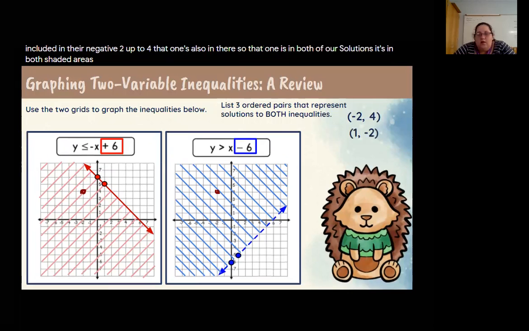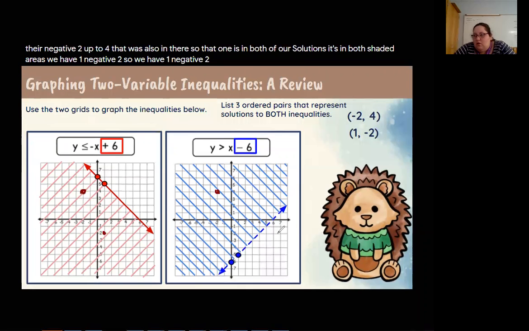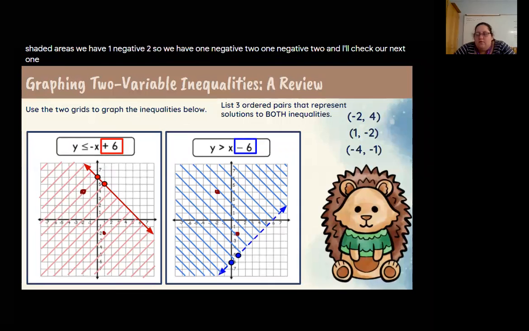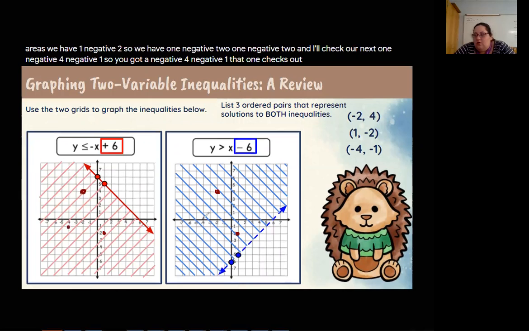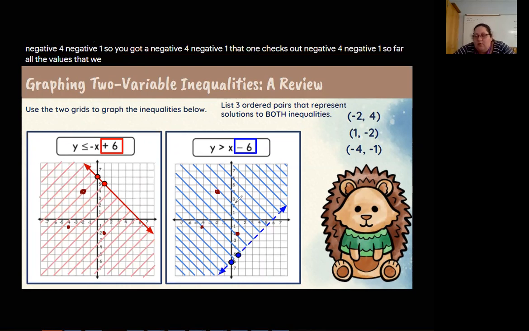We have (1, -2). And let's check our next one, (-4, -1). That one checks out. So far, all the values that we picked have been included in both the blue shaded area and the red shaded area.